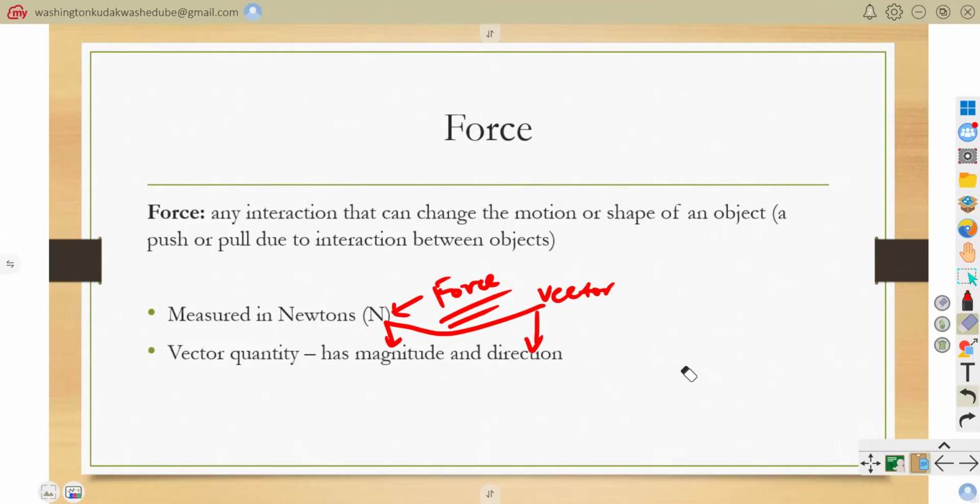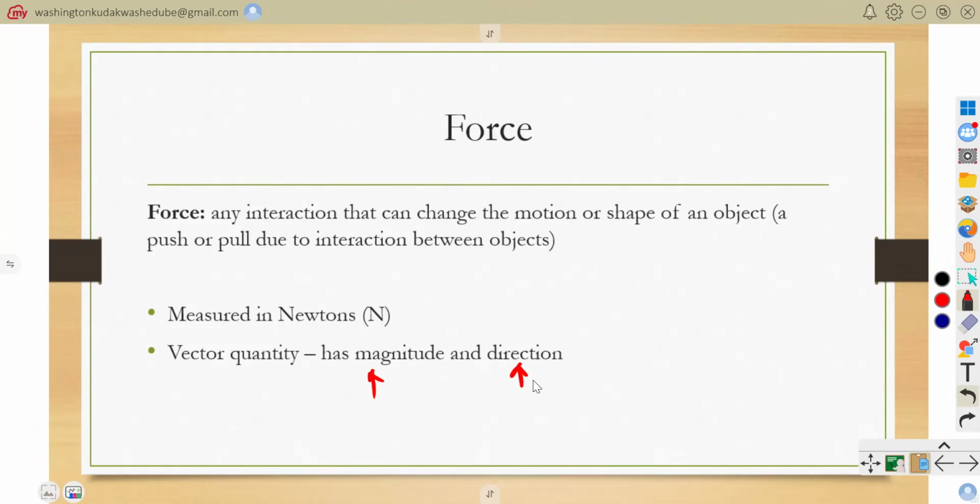Our force is a vector quantity, and we know that vector quantities possess both magnitude and direction. So to fully describe force, you need to mention its magnitude as well as direction. That's why we are saying that the acceleration of the body will be in the same direction as the net force.